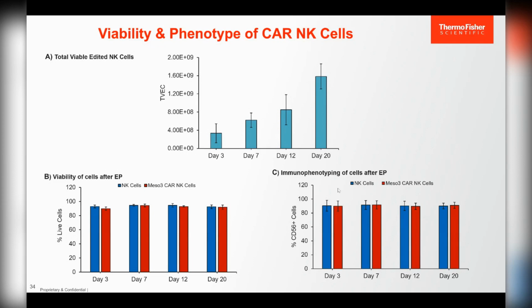And in the extreme bottom right panel, we can see the NK cell is viable, but we also measured the immunophenotyping, and we can see either NK cells or CAR NK maintain their phenotype, and you can see the CD56 positive is more than 90 to 95% here.